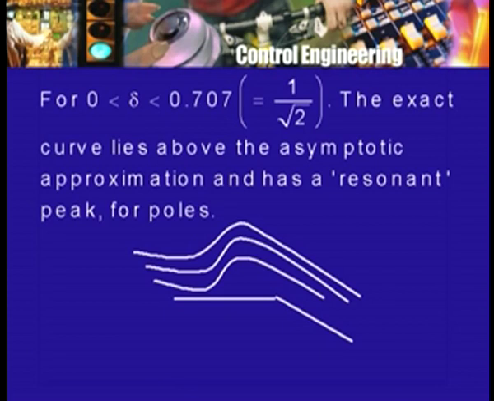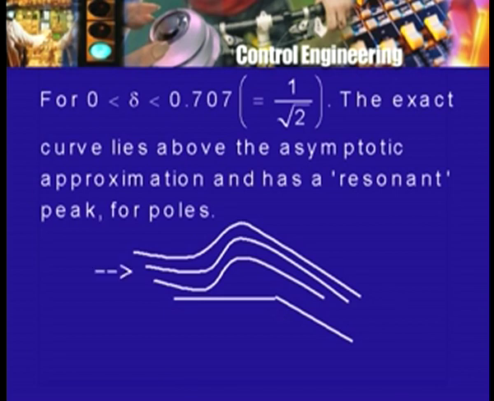In that case, the actual curve does not lie below this, but goes above this. So, it may, for example, have a shape something like this, and as you decrease the value of delta, that is, you make the system less and less damped, there is a higher and higher peaking kind of effect taking place near about this corner frequency.